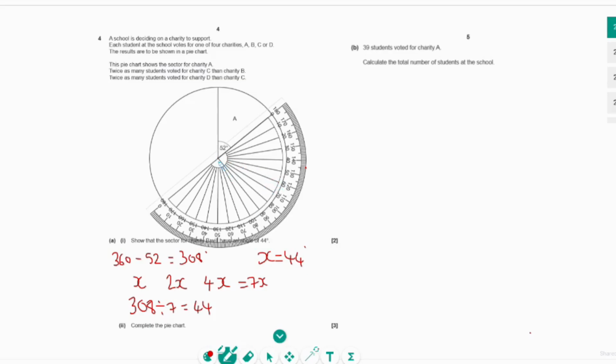Connect that up with a straight line. If x is 44, 2x would be 88.